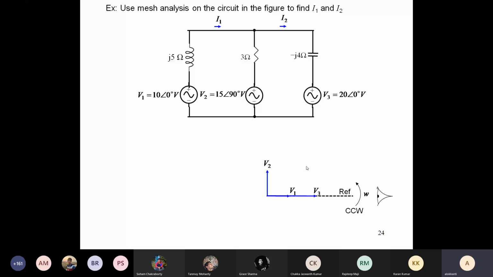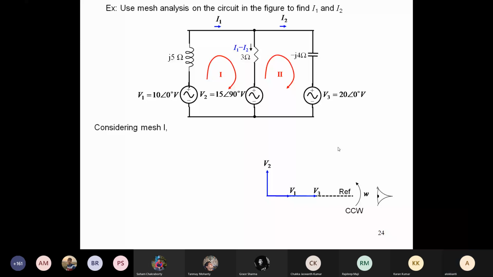If both of our calculations are wrong, then some other calculation will be correct. Okay, so if you are considering this type of loop, what will be the equation? Considering mesh 1, suppose we go along this.